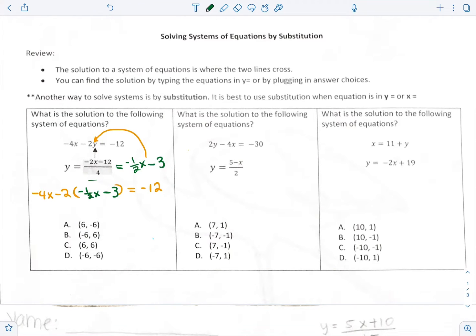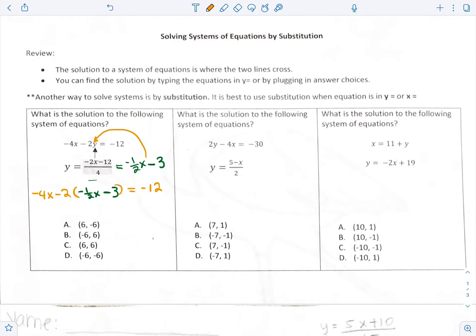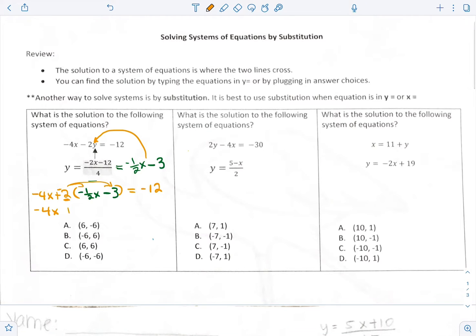Now it's just some simplifying, and I'm going to make sure I pay attention to the fact that this 2 is negative. Now we can distribute it inside the parentheses. So negative 4x, and then negative 2 times negative 1/2 x. If we plug that in the calculator, we get 1x. And then negative 2 times negative 3 is positive 6, equals negative 12.